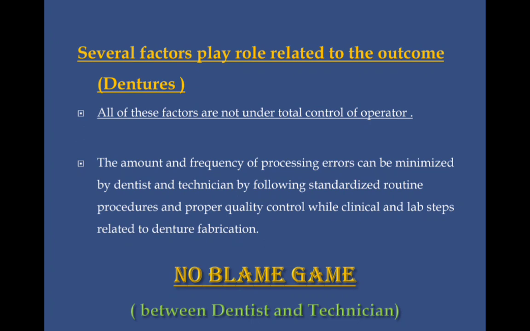Again, during finishing and polishing, there might be displacement of teeth or errors which can occur. Then tissue displacement is there, patient related problems are there, dental laboratory induced errors are there. So all these are crucial factors which determine the outcome of your treatment or the denture. So all these things need to be taken care of.